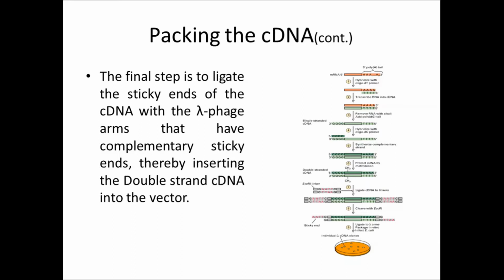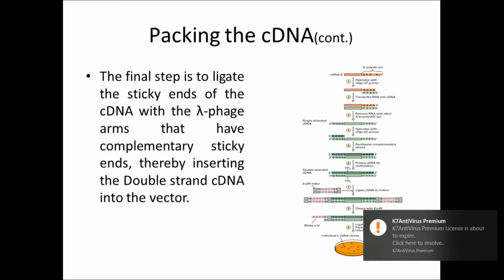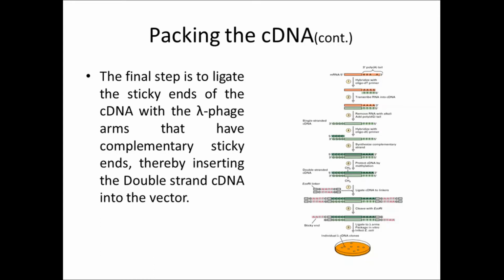M13 filamentous phage or lambda phage is used to construct the cDNA library, because the lambda phage and M13 phage genomes are very useful for packaging the cDNA, as they contain specific sites, for example the cos site.